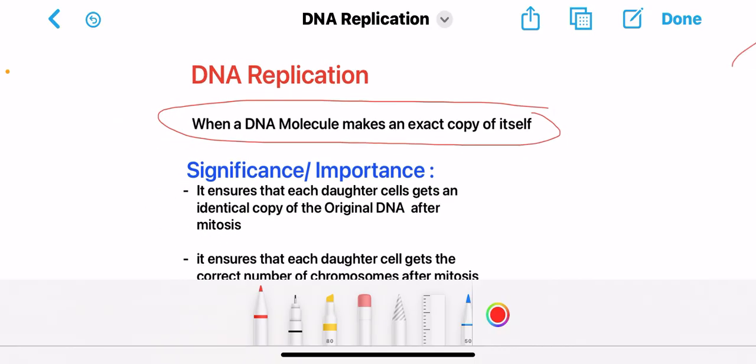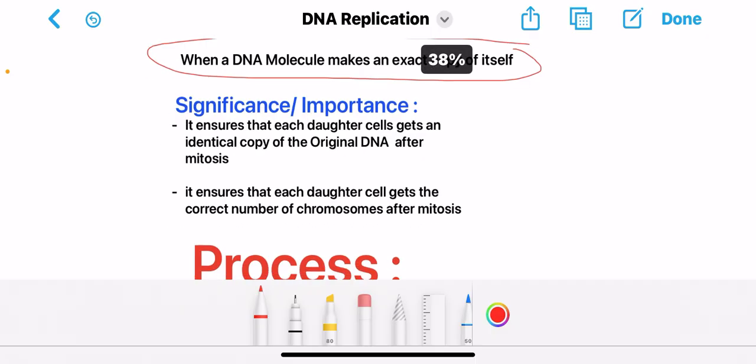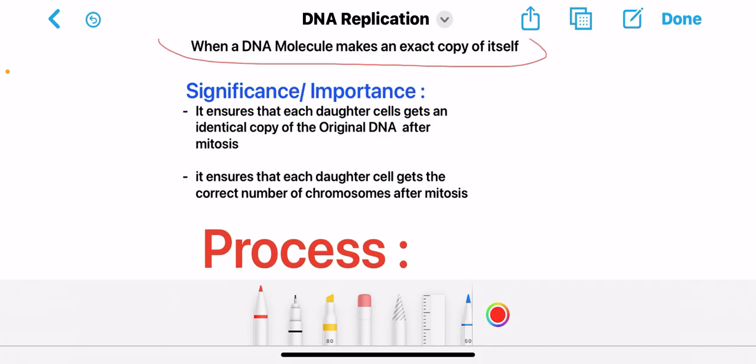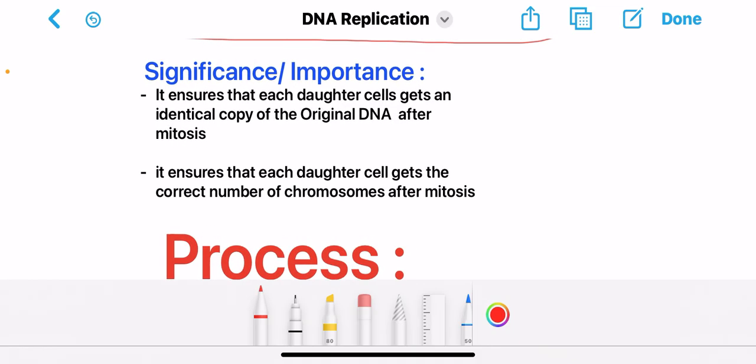Now, what is the significance or importance? Remember, when we speak about significance, we are speaking about importance. DNA replication ensures that each daughter cell gets an identical copy of the original DNA after mitosis.